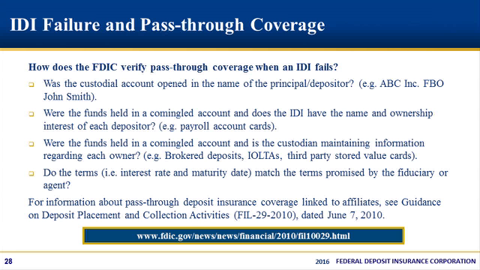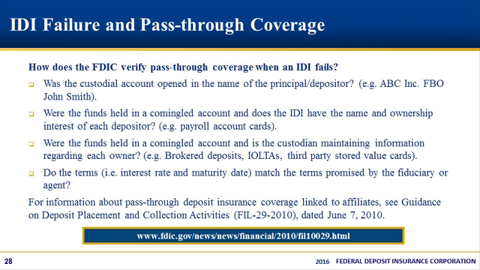Were the funds held in a commingled account and the custodian is maintaining information regarding each owner? For example, broker deposits, IOLTAs, third-party stored value cards? Or do the terms, that is, interest rate and maturity date, match the terms promised by the fiduciary or agent?